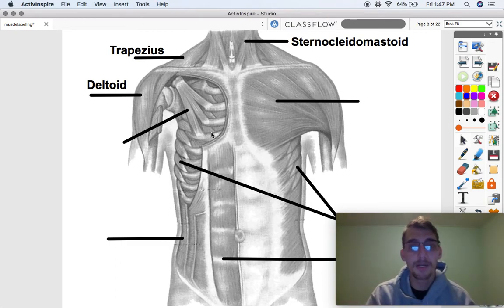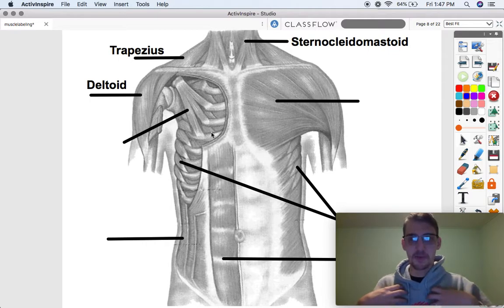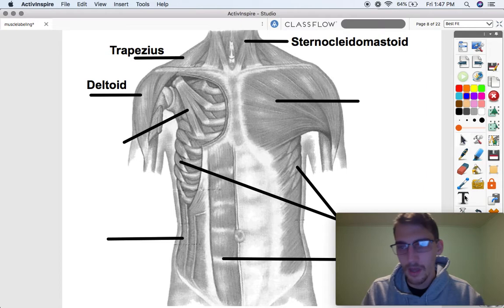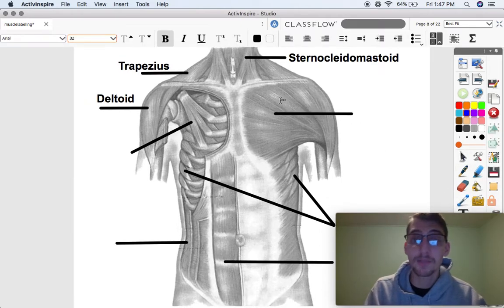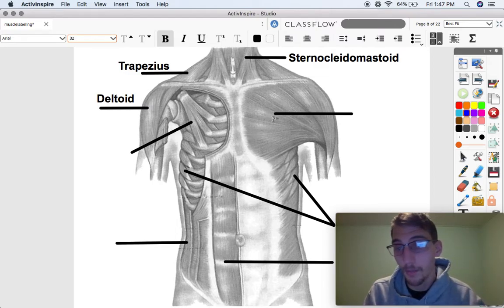So we've got a pair of muscles, what we know as your pecs. This is your pectoral region. You have a pair of muscles called the pectoralis major and the pectoralis minor. In this view, we're looking at the superficial muscle and the deep muscles.